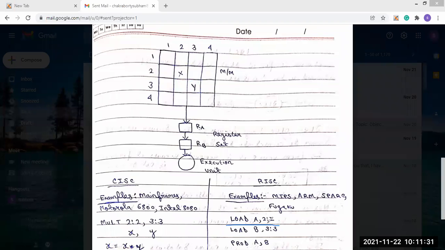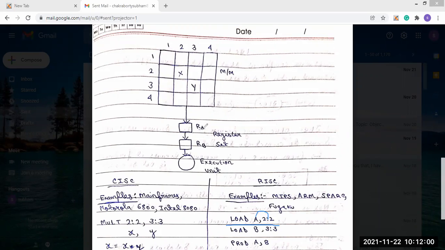That means the value stored in the 2:2 location will be transferred to register A, because RISC, the reduced instruction set computer, works on registers.